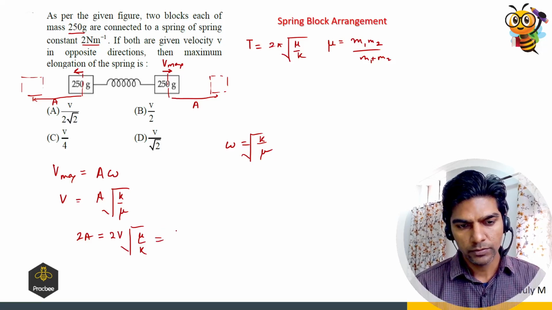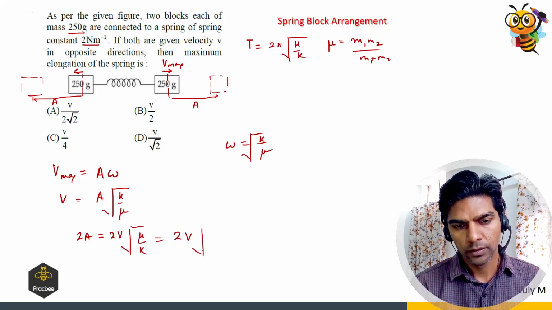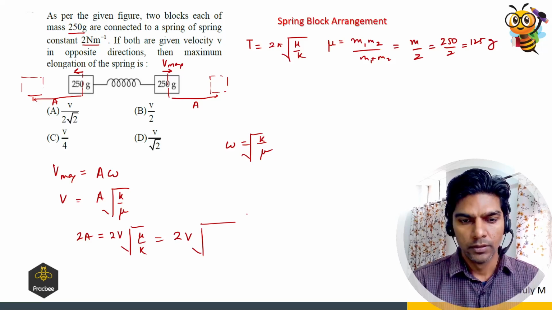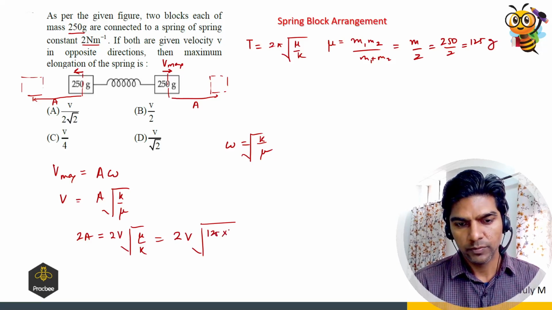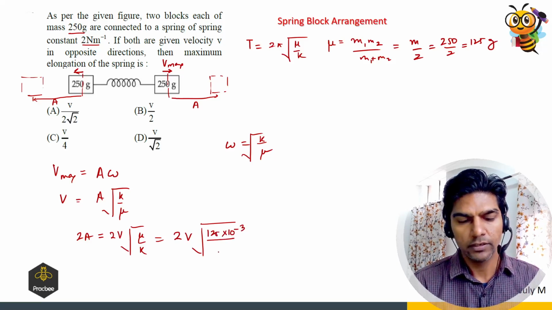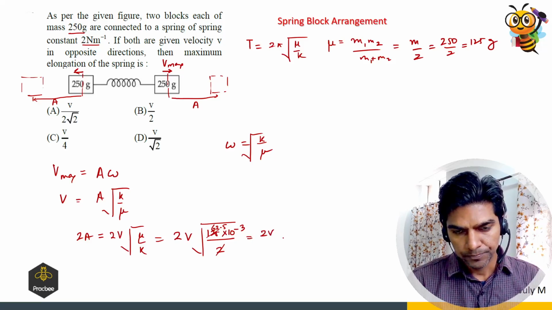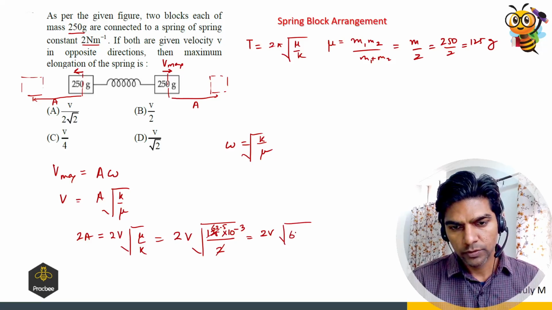So let us put the values. So 2V, and mu in this case, mass is same, so that will be m by 2, which will be 250 divided by 2, so 125 grams. So we can say 125 times 10 raised to the power minus 3 divided by K, which is given as 2. So this comes out to be 62.5, or we can write this as 2V root of 625 times 10 raised to the power minus 4.